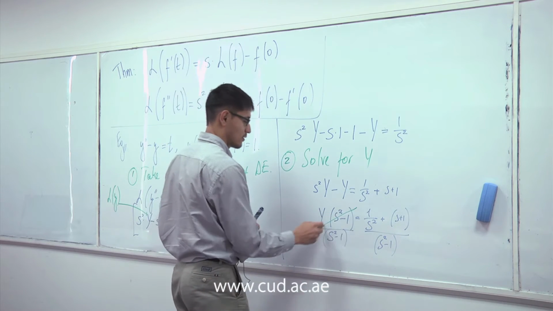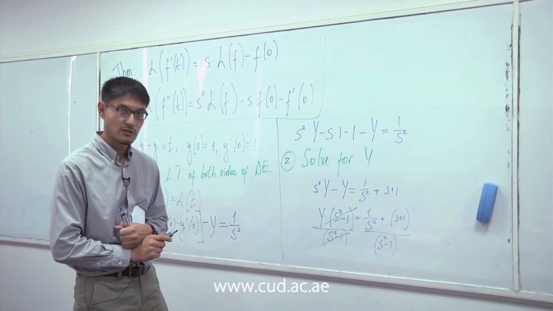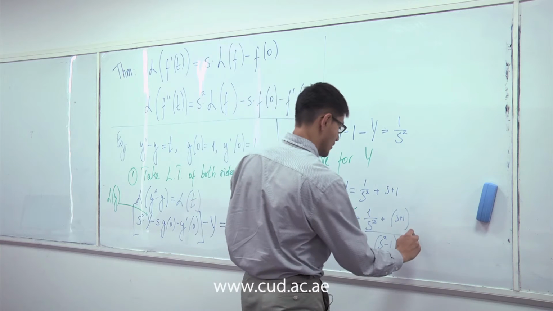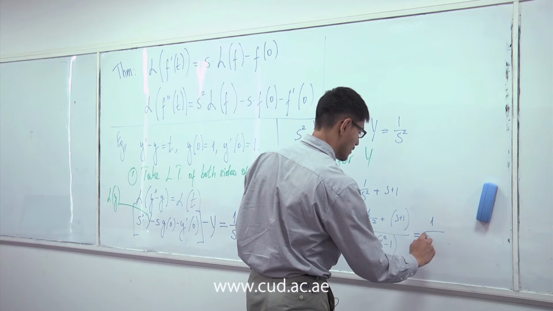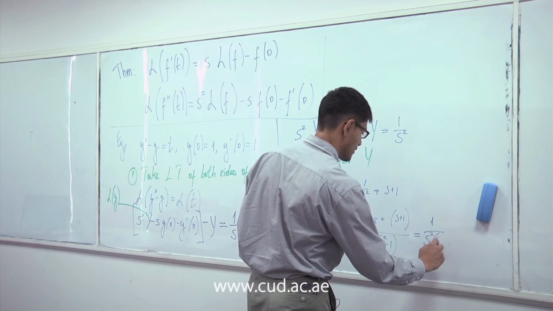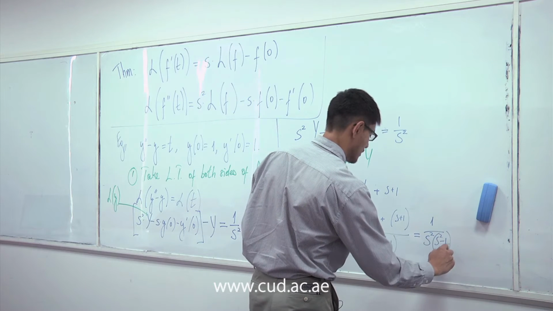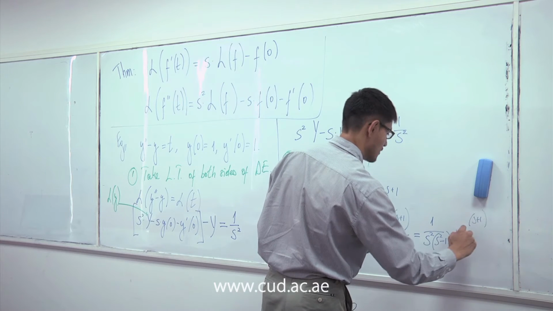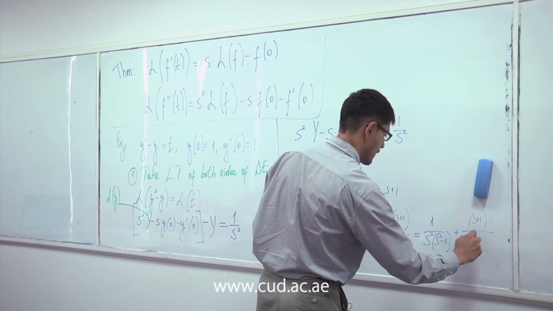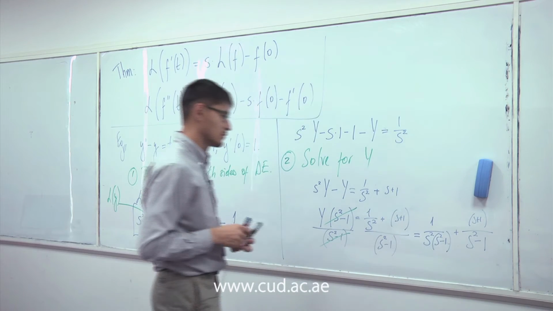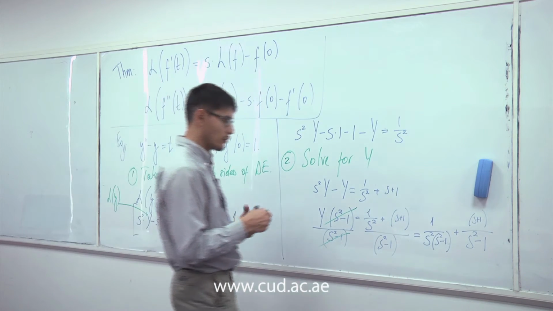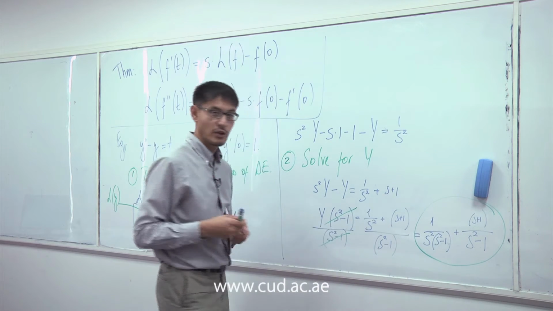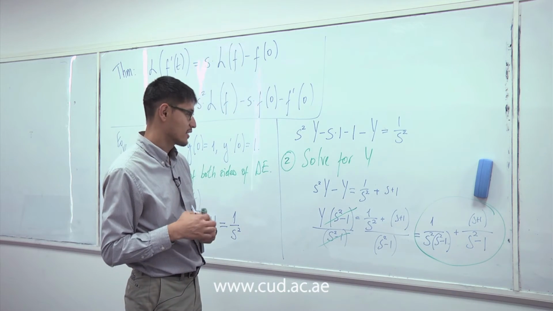If we do that, s squared minus 1 and s squared minus 1 cancel. And on the right-hand side, let me write it this way, 1 over s squared times s squared minus 1 plus s plus 1 divided by s squared minus 1. Okay, so this is the formula for capital Y. Capital Y equals that expression. So that was your second step.